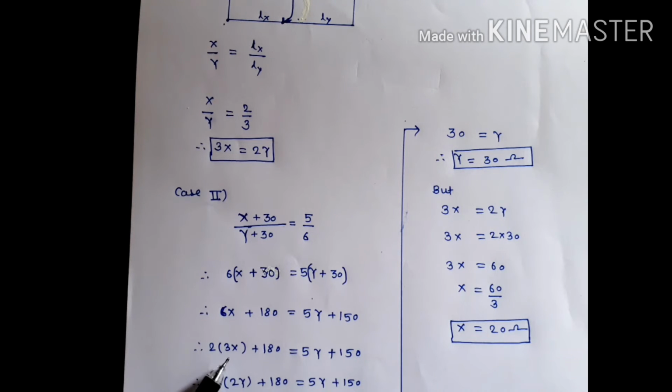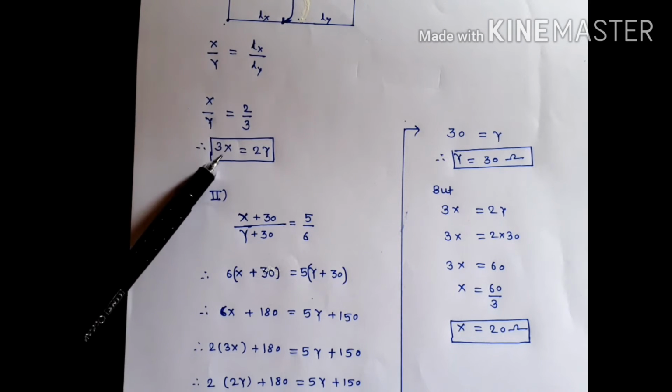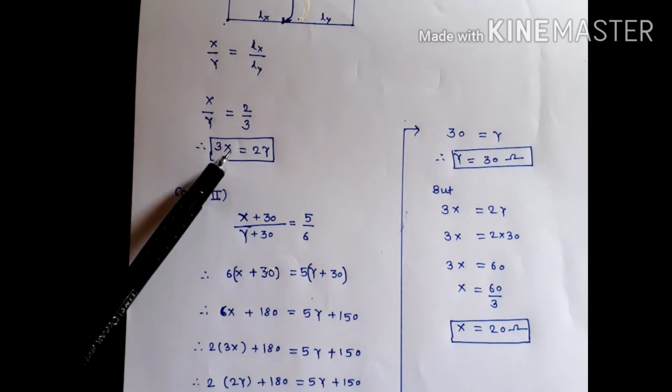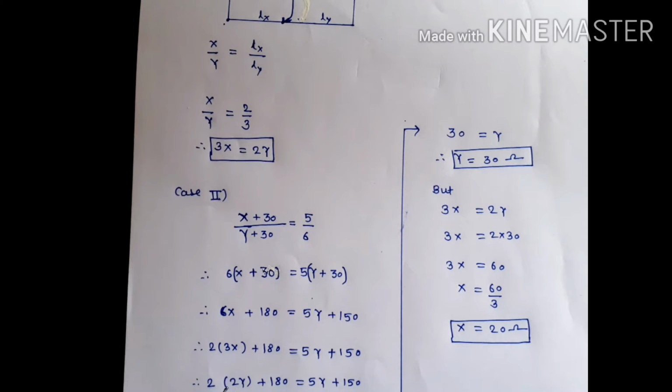By putting the value of 3x is equal to twice y from the earlier equation, we know that 3x is equal to twice y. This value of 3x I put here: 2 as it is, in place of 3x write 2y, plus 180 as it is, equal to sign as it is, 5y plus 150 as it is. 2 2s are 4, therefore it becomes 4y plus 180 is equal to 5y plus 150.